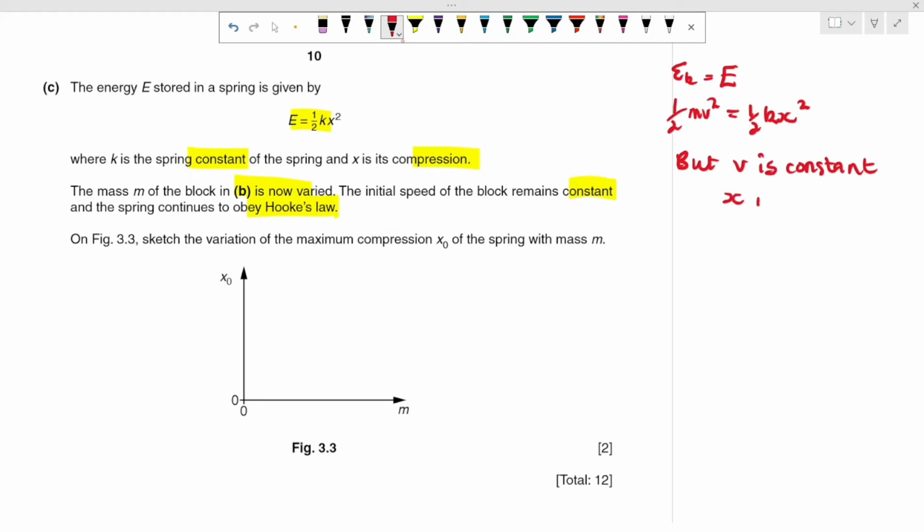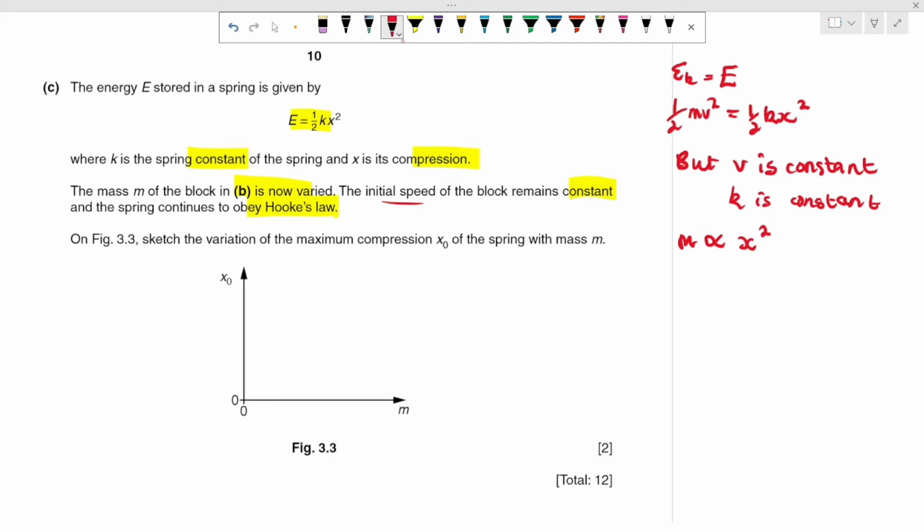That's the kinetic energy that we once had, right? And K, the spring constant, is also constant, right? So it means that we have a relationship between M being directly proportional to X squared.